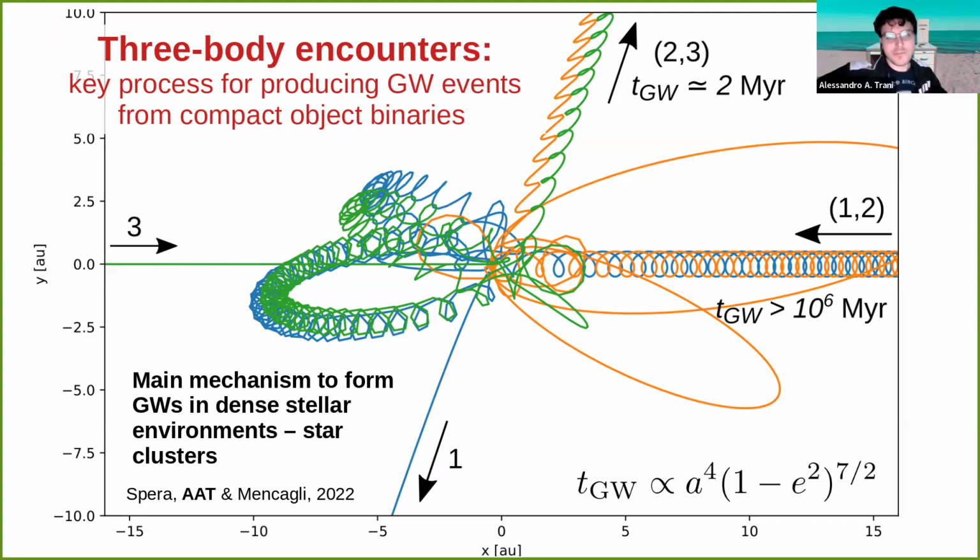Then you have other phases, like this ellipse here, in which there is a momentary ejection. Let's call it an ejection, but the binary and the single are still bound to each other. After they come back, they undergo a democratic resonance again. This process can in principle continue for an infinite amount of time, but of course the system is unstable.